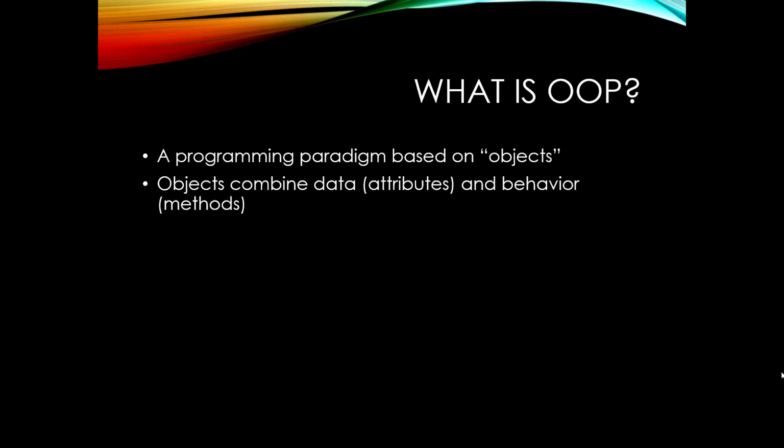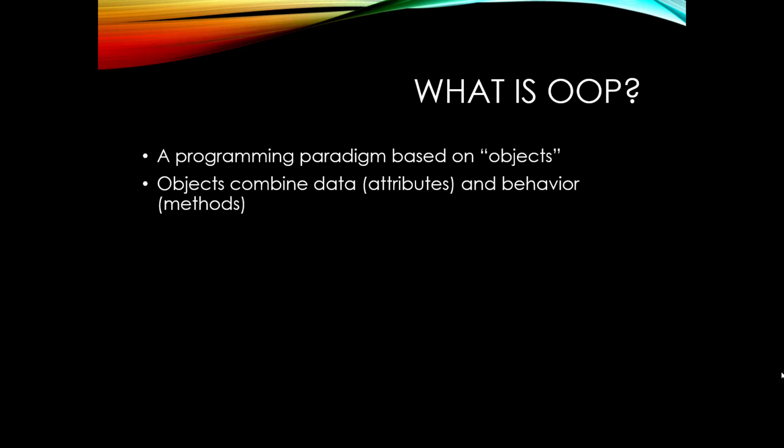Today's modern software systems are large and complex, and to manage this complexity, we use the principles of Object-Oriented Programming. OOP is a paradigm, or way of thinking about code, that revolves around the concept of objects.